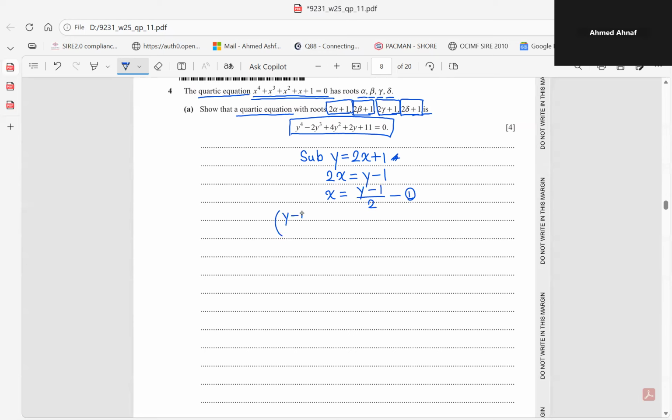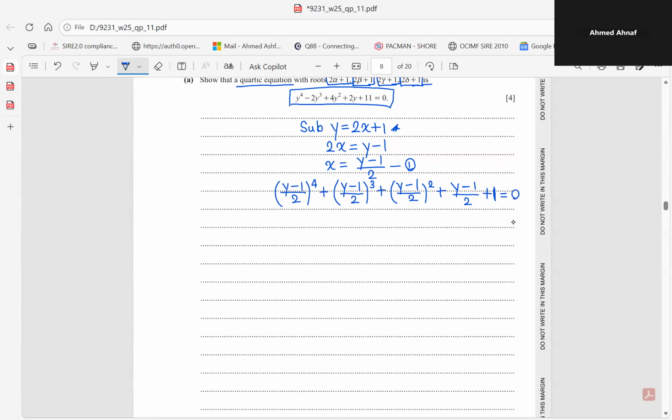So (y minus 1 over 2) to the power 4 plus (y minus 1 over 2) cubed plus (y minus 1 over 2) squared plus (y minus 1 over 2), that's x, plus 1, equals 0.